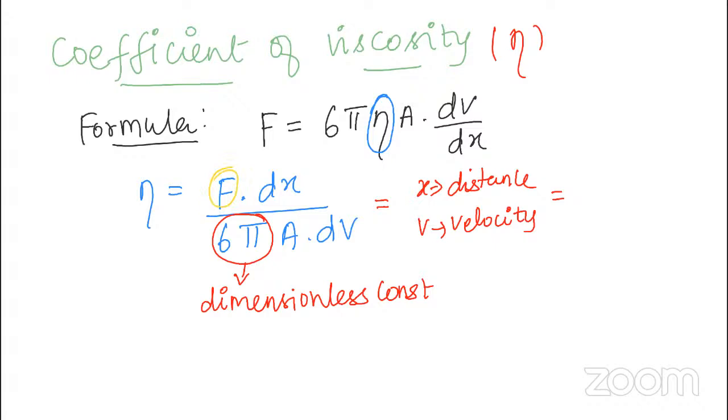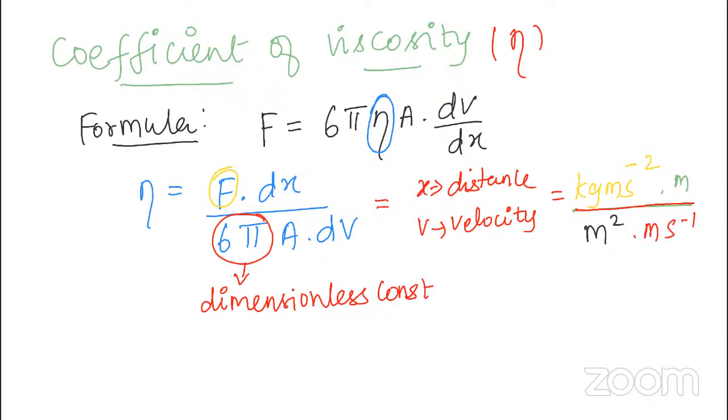For F, we are writing kg meter second power minus 2, and for dx it is distance, that is length, that is meter, divided by A, that is area, meter square, into the velocity, that is meter second power minus 1.